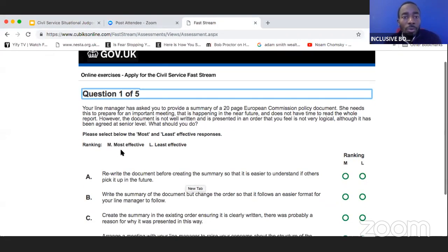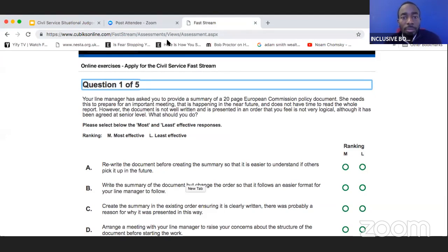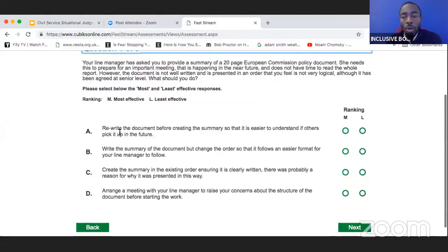So going through question 1, who chose C as their most effective? Okay, and who chose A as their least effective?